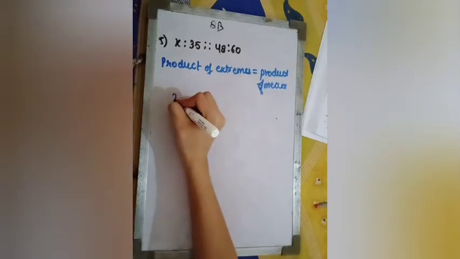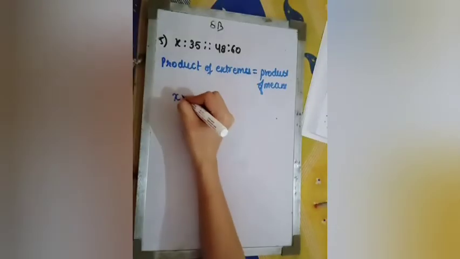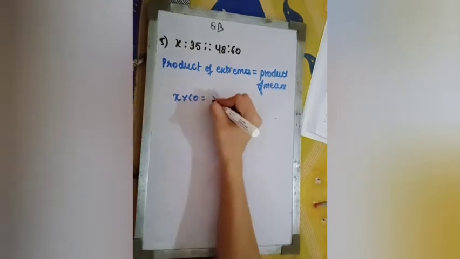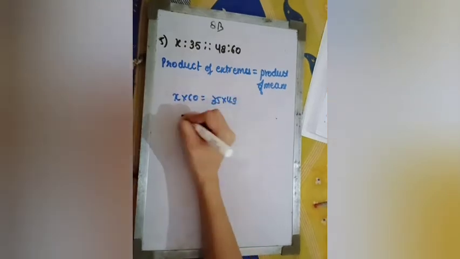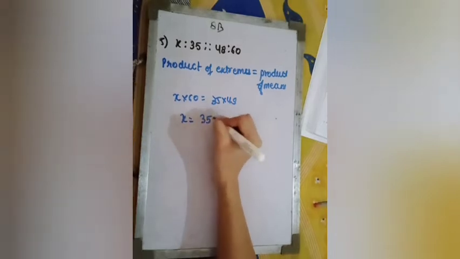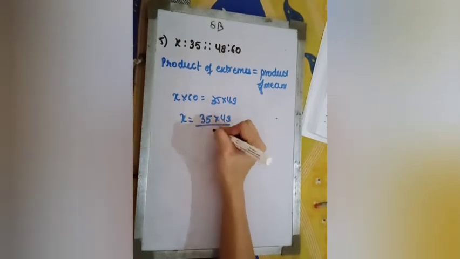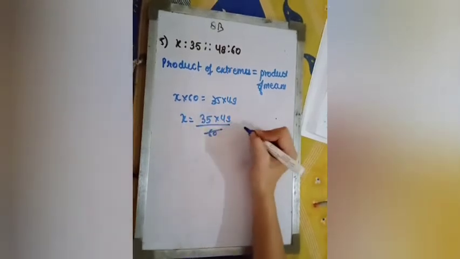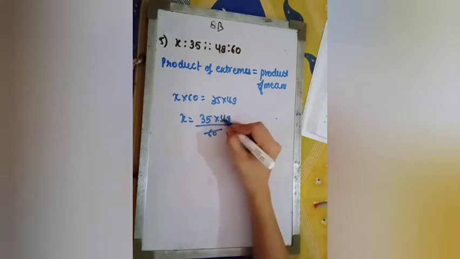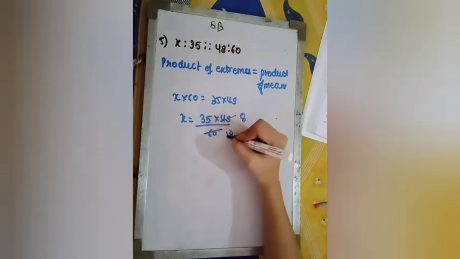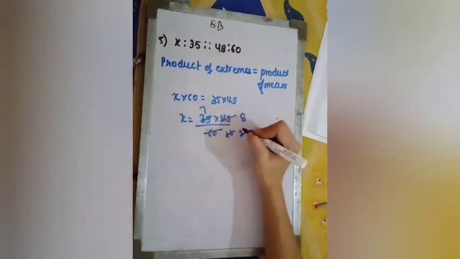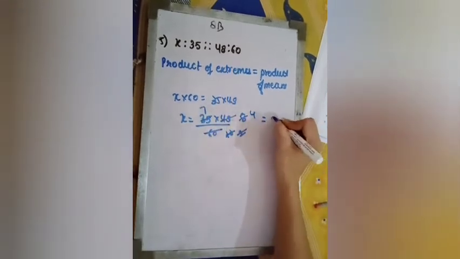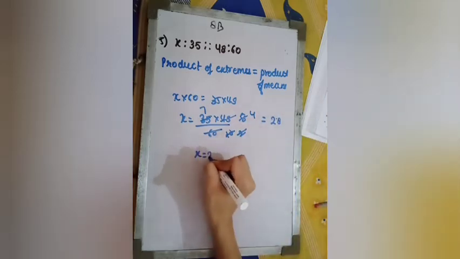That means extremes are x and 60. So x into 60 is equal to 35 into 48. From here you can find the value of x. It will be 28. So the value of x is 28.